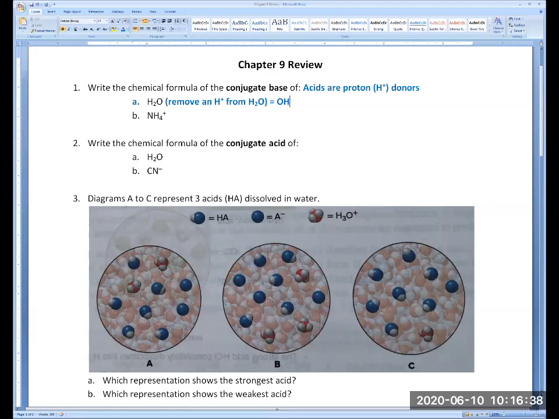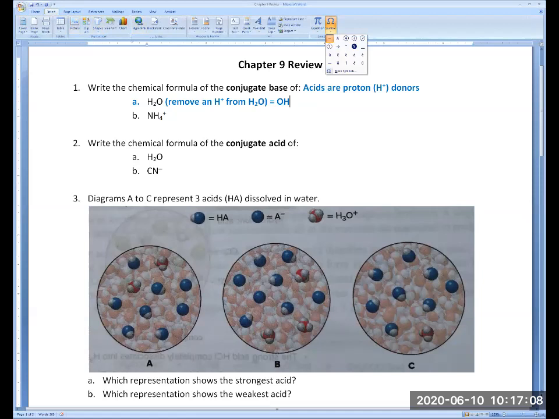We have lost 1 hydrogen, so there is only 1 hydrogen, and the subscript 2 disappears. When H plus leaves H2O, it leaves without any electrons. It leaves behind the electrons, which will be extra electrons for OH. That means OH now will have a charge, a -1 charge.